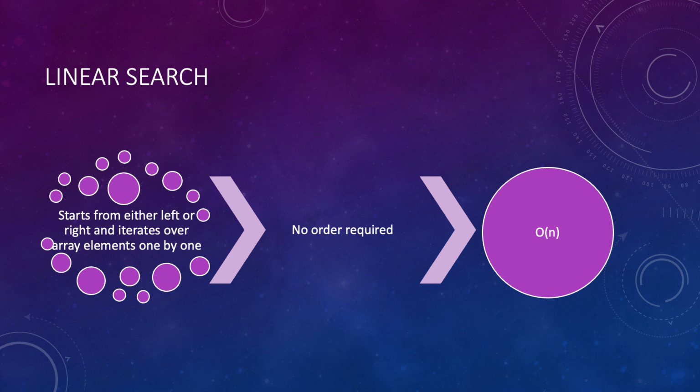If our current element is the element we're looking for, we return from there since we found it, or else we keep on iterating towards the remaining elements one by one. Since this is checking every element one by one, we do not require any ordering in the list, which makes it big O of n time complexity.